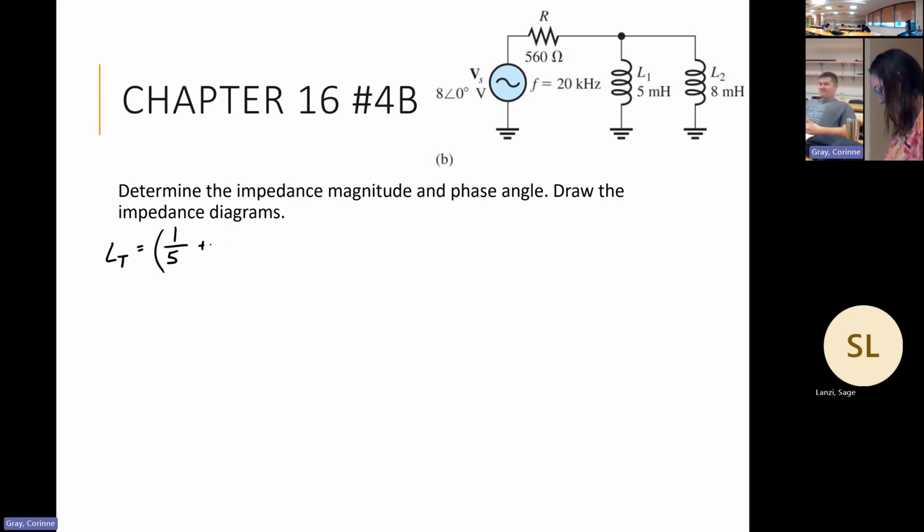So 1/5 plus 1/8, inverse. Right, so this one, unfortunately, not a nice number to go through and drag around. You have the option, in this case here, based off of our frequency, do I need to convert?